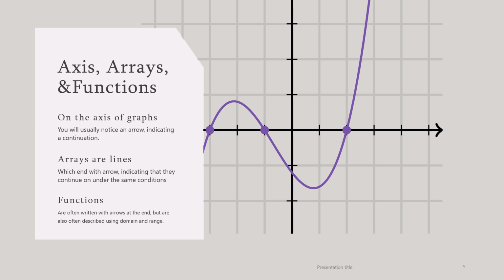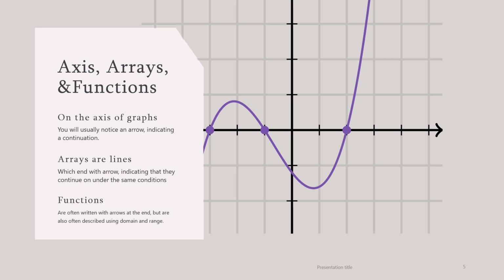You will also use infinity and negative infinity when describing functions. Also something you probably would have done in high school. You know, the domain of the function is how far the function reaches from the lowest x value to the highest x value, so from the farthest to the left to the furthest to the right.